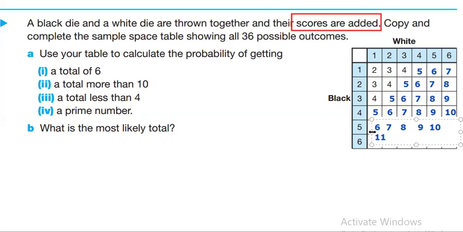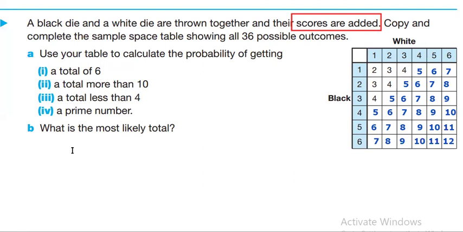Okay, now the rest here, we have 6 plus 1 is 7, then 8, then 9, 10, 11, 12. Now we finished the whole table.